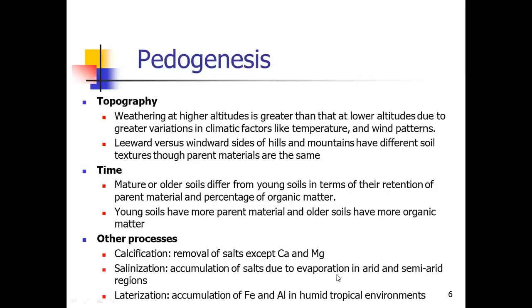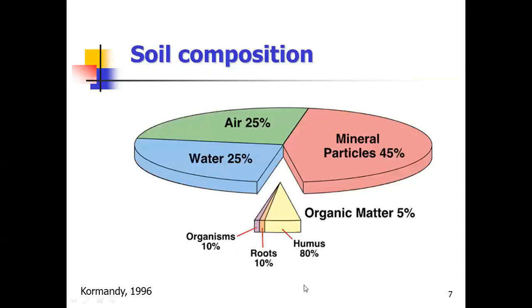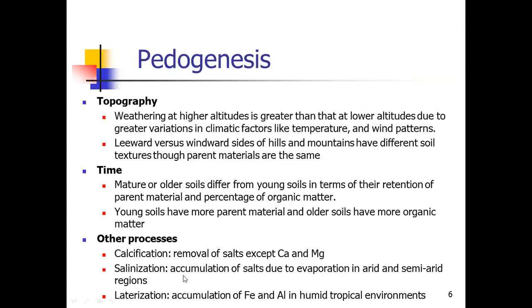But because of evaporation in arid and semi-arid conditions, you get accumulation of salts on the surface. And if you observe it, sometimes you see soils which have a whitish color to them. And if you get a chance to look at them closely, you will find that they're white crystals of salts that have deposited on the surface of the soil. So that is called soil salinization.